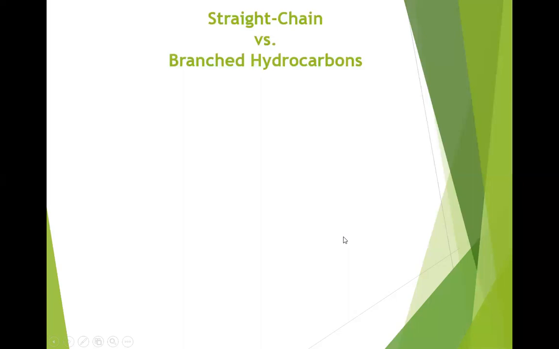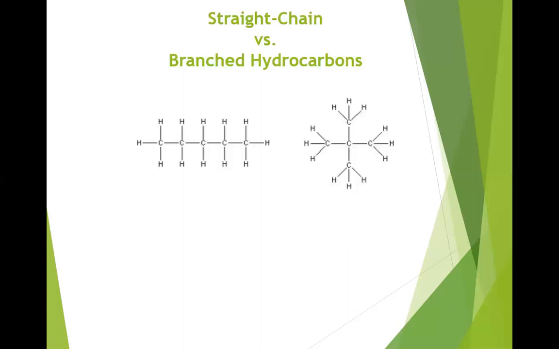Okay. Now, the difference between straight chain and branch chain hydrocarbons, let's look at this. This is the first representation. We have 1, 2, 3, 4, 5 carbons in this very first compound. And this indicates that it is a straight chain because the carbons are arranged in one long chain.